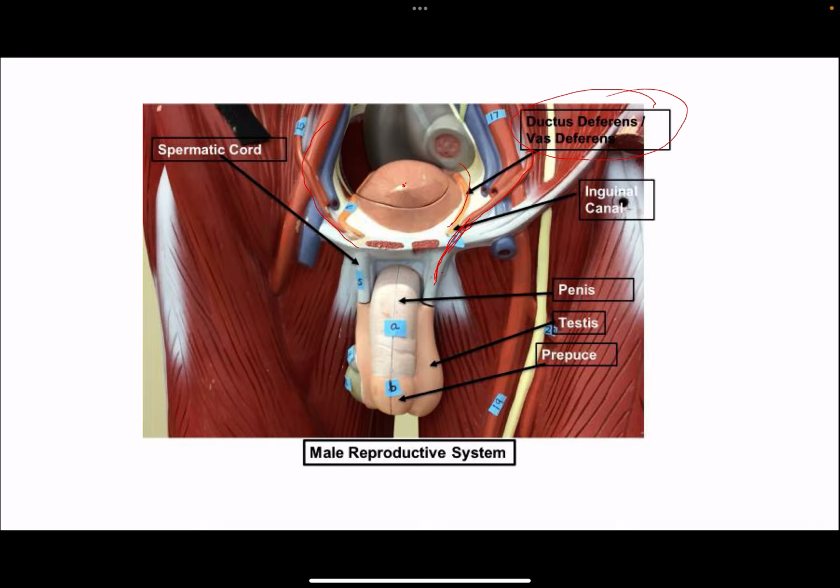This is the urinary bladder. It's a muscular structure. Prepuce, outside structure. This is a penis. Urethra will come through that penis.